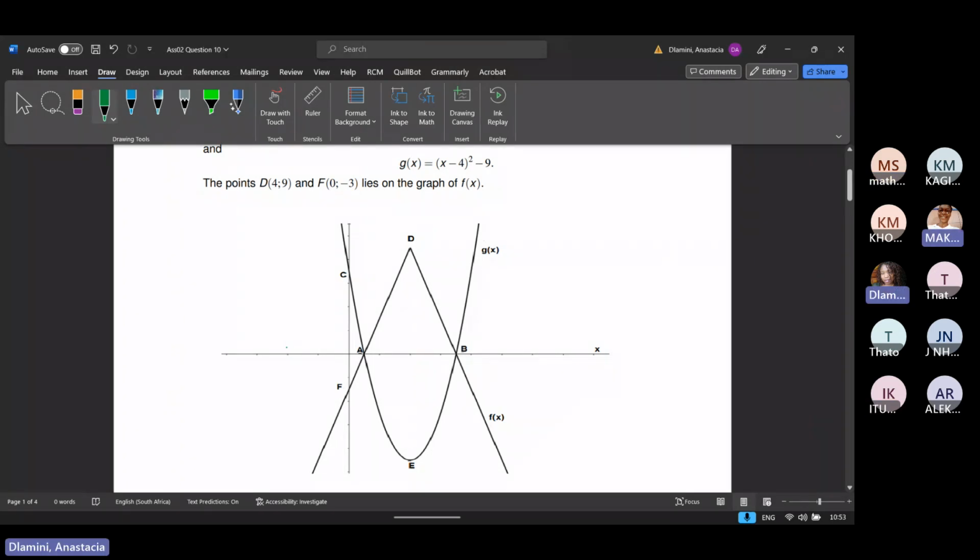Now there's something I want you to notice here. A is the x-intercept and B is the x-intercept of the absolute value function.